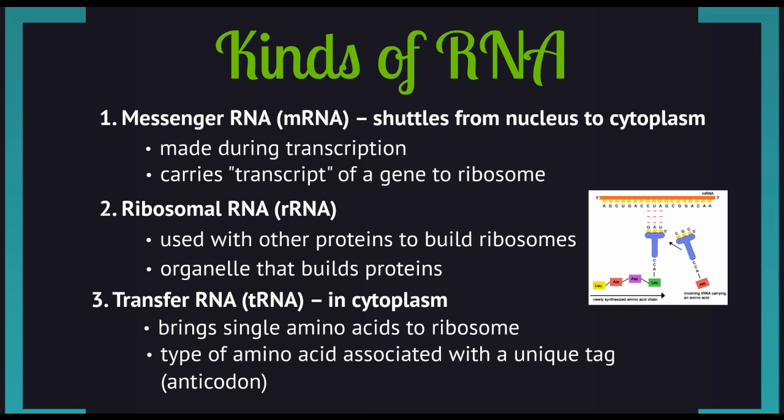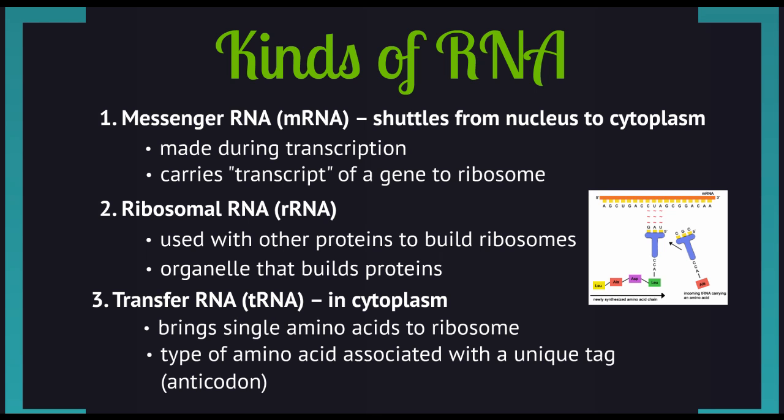That master cookbook is pretty valuable, and you don't want to take it out in the kitchen and get flour or oil all over it. So instead you make a photocopy of just the pages of the recipes you're going to use. So let's say today we're only going to make apple pies and cheesecakes and nothing else. We're going to photocopy the apple pie recipe and the cheesecake recipe, and we're going to send that out into the kitchen. We're going to hand it to our chefs, and the chefs are going to make that recipe.